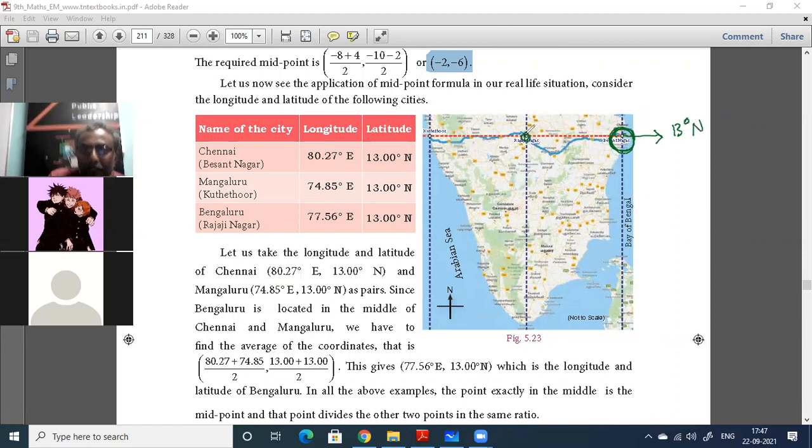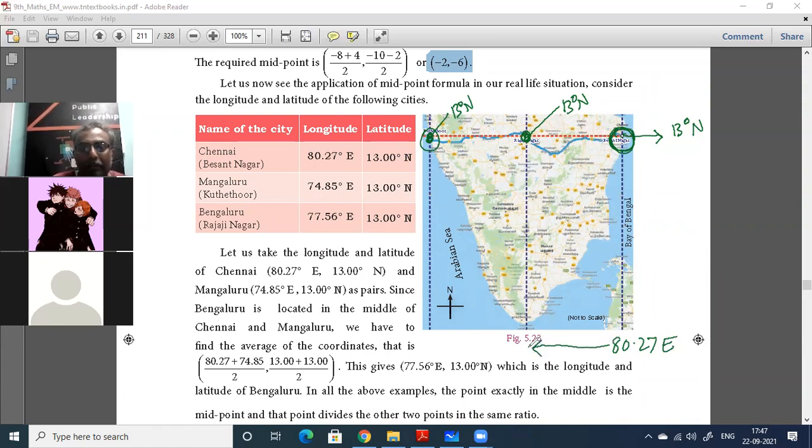Bangalore is lying at this point. Latitude? 13 degrees north. Mangalore is lying at this point. Latitude? 13 degrees north. So going by a straight line, all these three are on the same latitude. But only the longitude is different. Chennai longitude is 80.27 east.